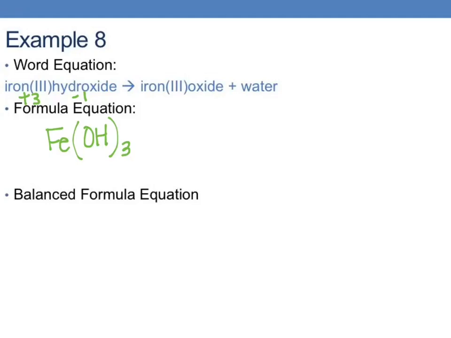That 3 distributes to the O, it distributes to the H. And that's going to produce iron 3 oxide. So iron is a +3, oxygen's a -2. So we need a 2:3 ratio. And water.